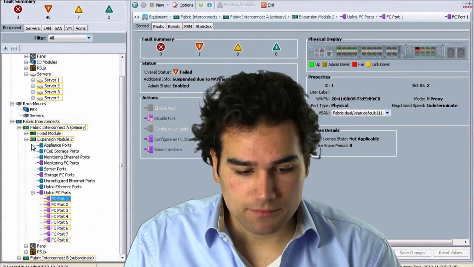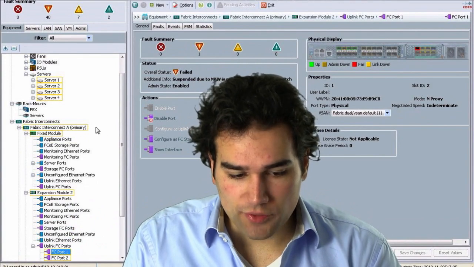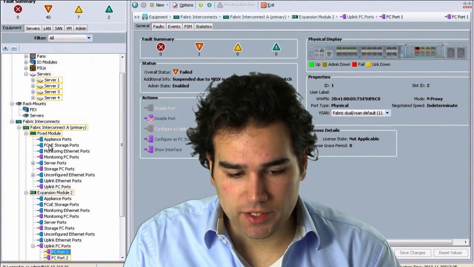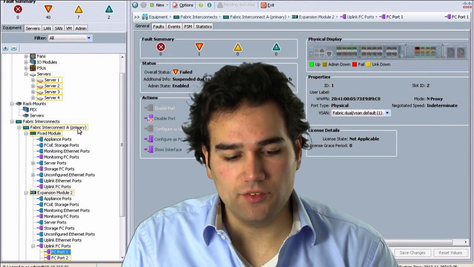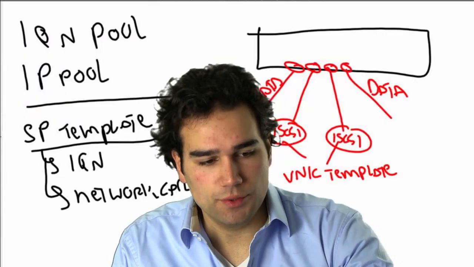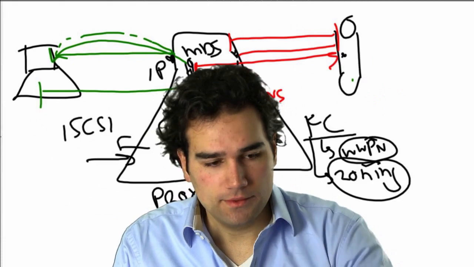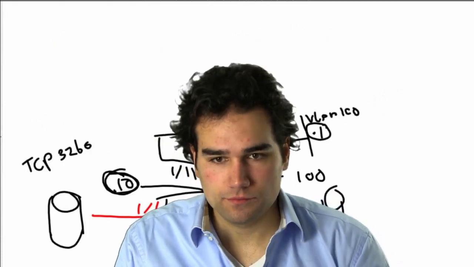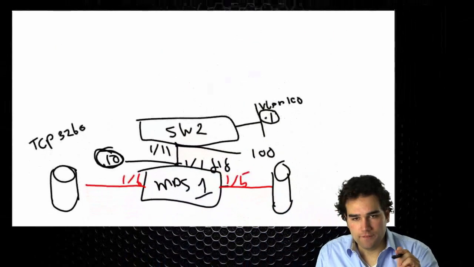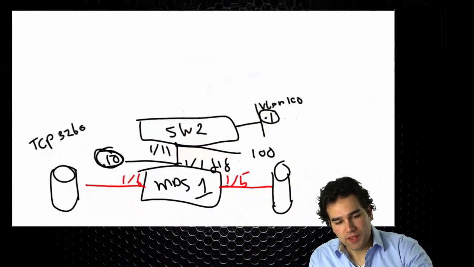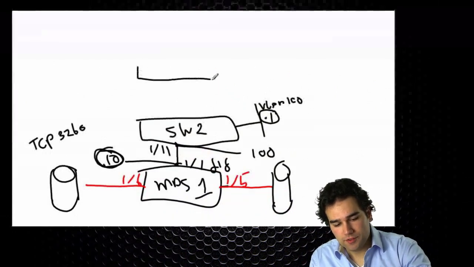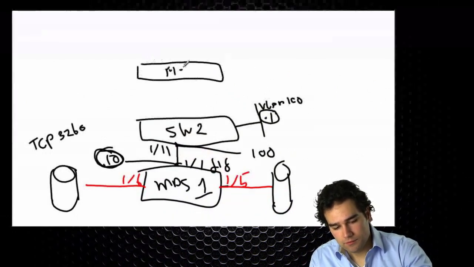So in our case, we go to Fabric Interconnect A, because again, I connect to switch 2, and Fabric Interconnect A is connected to switch 2. So if we go back to our drawing, sorry, this one. This is my drawing for the network. So what we have is we have our Fabric Interconnect A. That is also connected to switch 2.